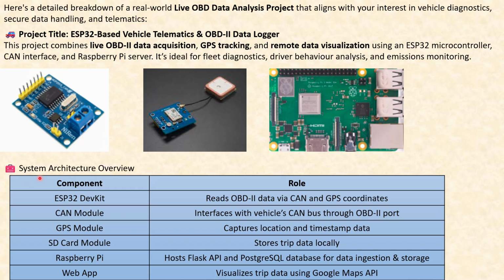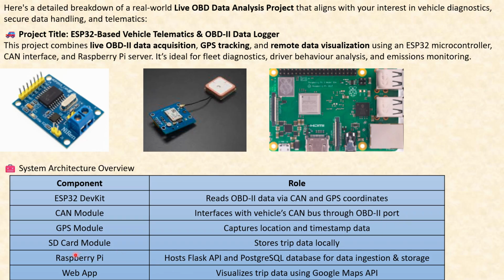Now, talking about the system architecture overview, the components and their roles. The ESP32 development kit reads OBD2 data via CAN and GPS coordinates. The CAN module interfaces with the vehicle's CAN bus through the OBD2 port. The GPS module captures location and timestamp data.